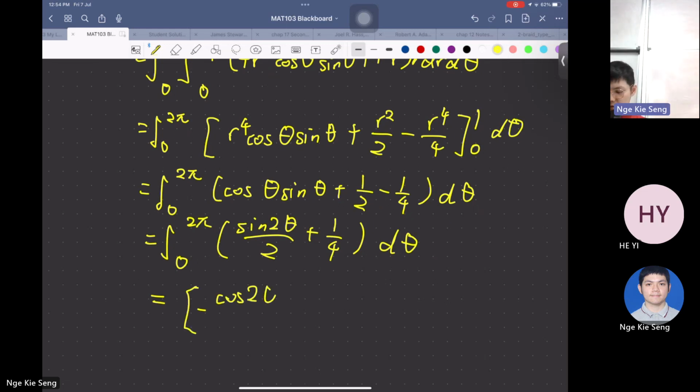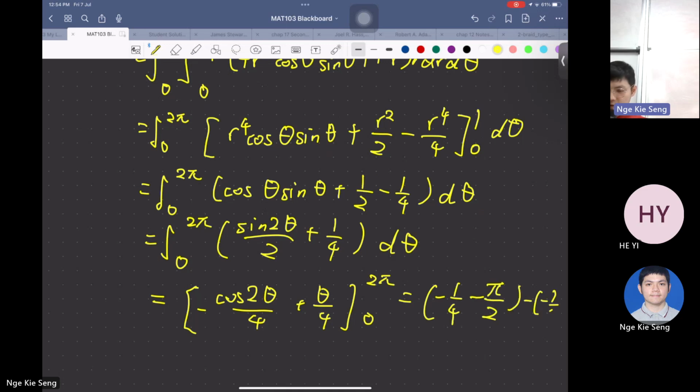This is just a normal trigonometric integration. All together, you get -1/4 + π/2 - 1/4... so in the end, you get π/2.